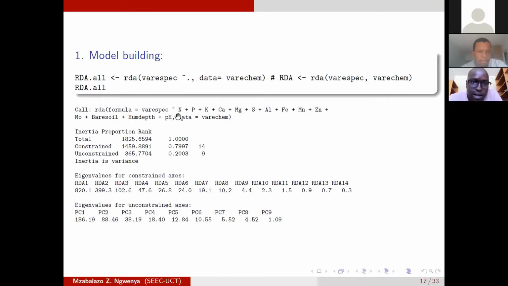The continuous variable would just go in as is. Then if it's a categorical variable, you'd say factor, then put that variable inside the regression. The only thing you have to do is wrap that variable with factor so that R knows it's a categorical variable. Then you just proceed as before.